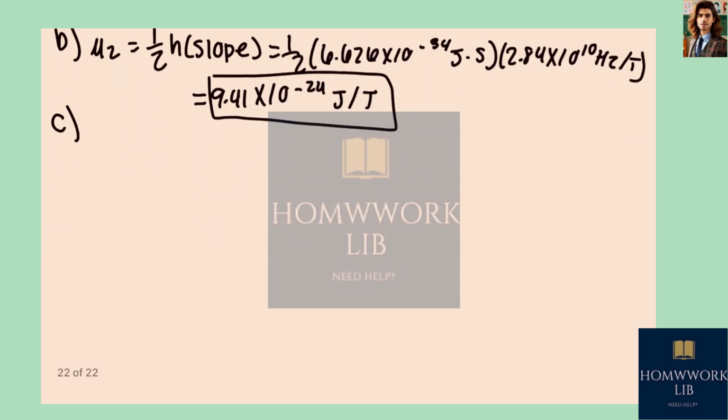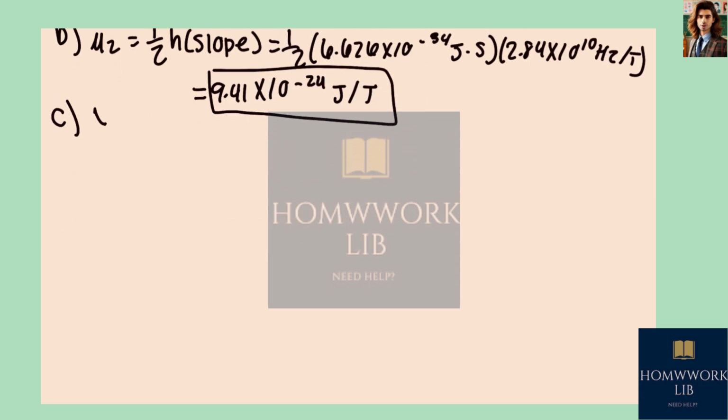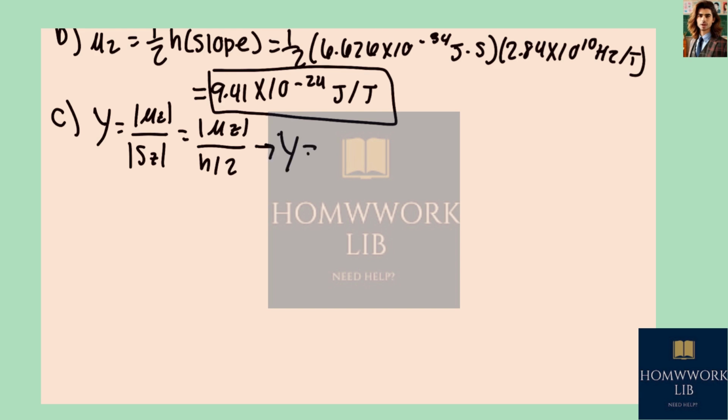For part C, we use this equation. Mu z divided by S z is equal to the absolute value of mu z divided by h bar over 2, which gives you 2 times 9.41 times 10 to the negative 24 joules per T divided by 1.055 times 10 to the negative 34 joule seconds.